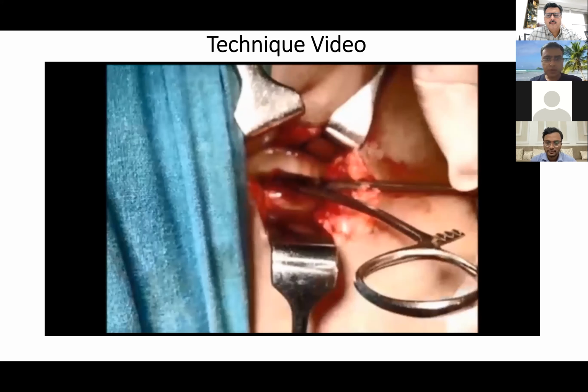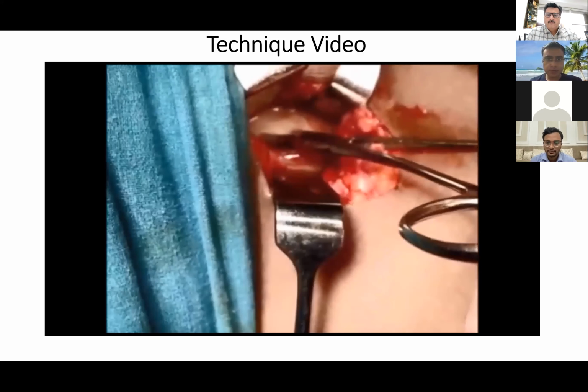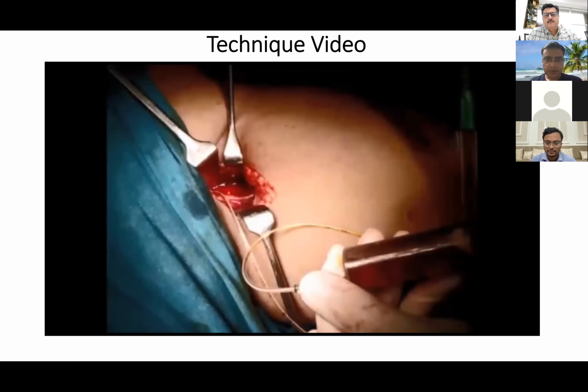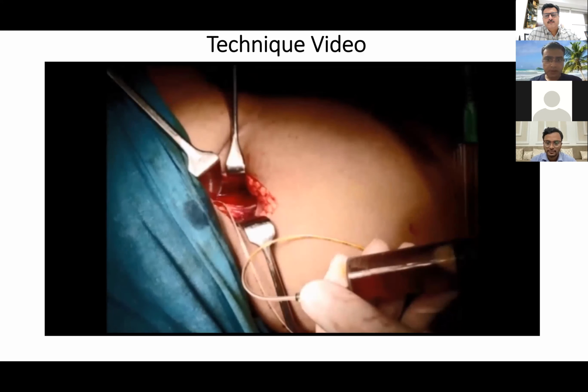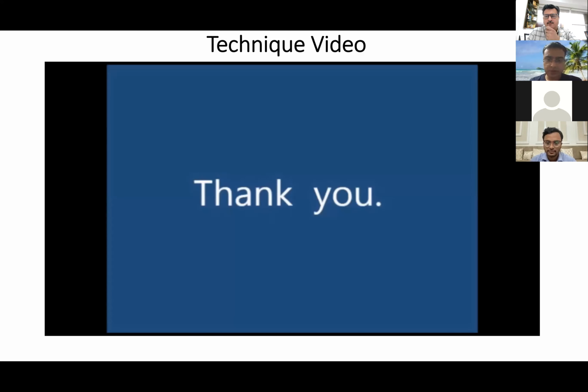Then the wound was thoroughly cleaned and lavaged by putting an infant feeding tube through the obturator foramen. And with this, the wound was lavaged and a negative suction was placed in the wound.